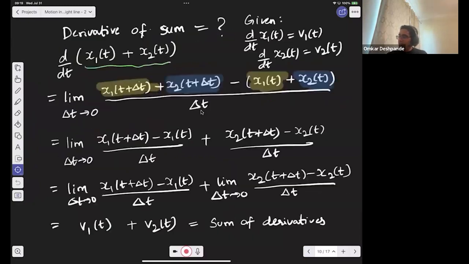And we also know what happens when we are taking the derivative of the sum of two or more functions. If there were more than two here, if there were three or four, it doesn't matter, we would do the same thing. We would have three or four such terms that we would split. We would still get the sum of as many derivatives as we have here.